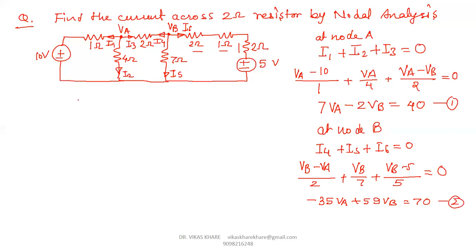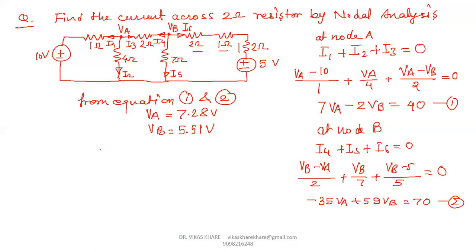From equations 1 and 2, we get VA equal to 7.28 volt and VB equal to 5.51 volt. Now the value of current across the 2 ohm resistance.